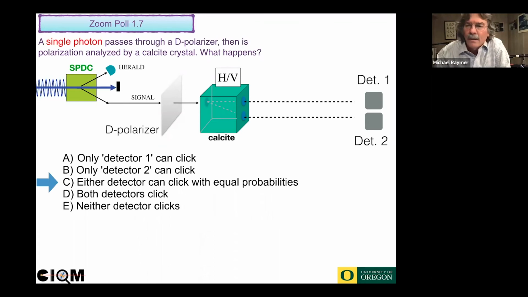Only one detector clicks, but either one can click with equal probability, but never do both detectors click. So that means that this calcite crystal is not able to split this photon into two photons like this nonlinear crystal could do. This is a red photon, and what emerges here is still a red photon, but it emerges either in the upper beam or the lower beam with equal probabilities.